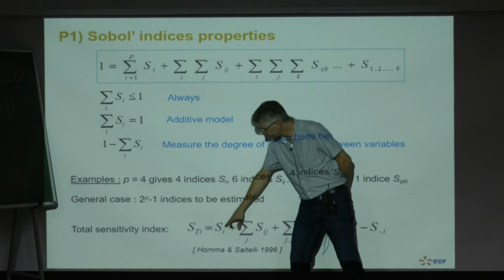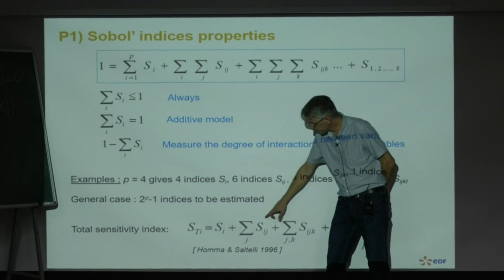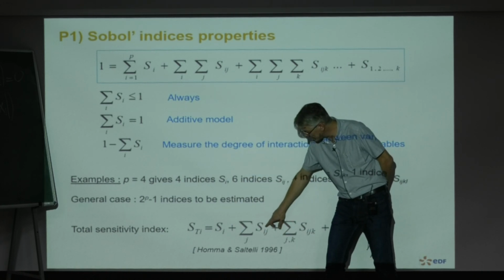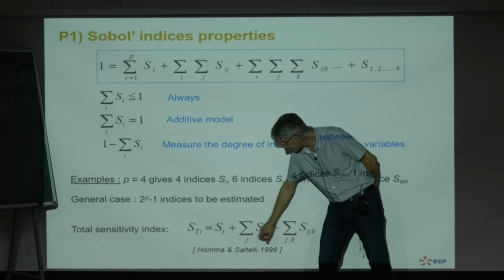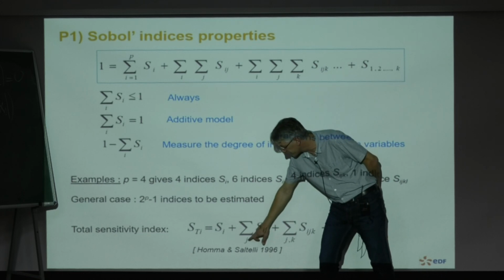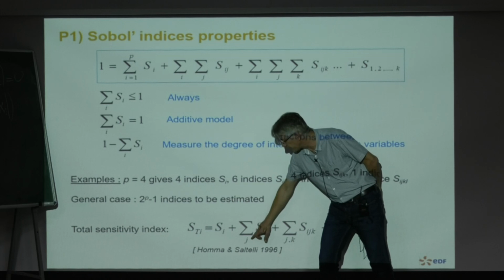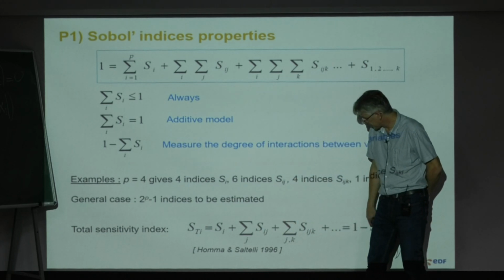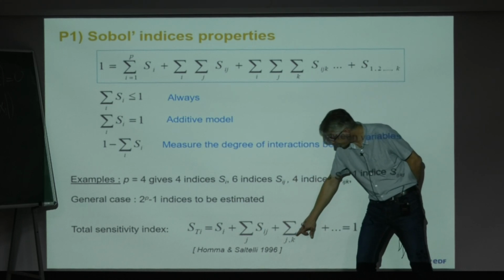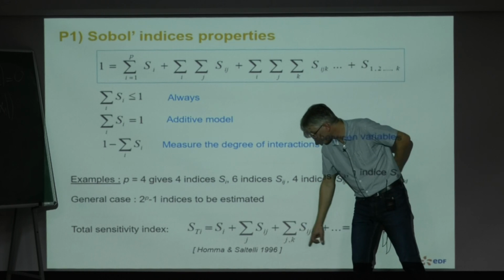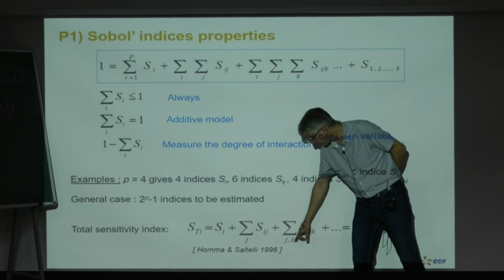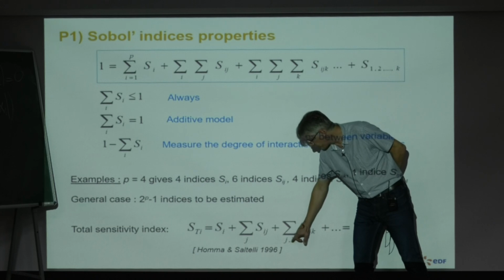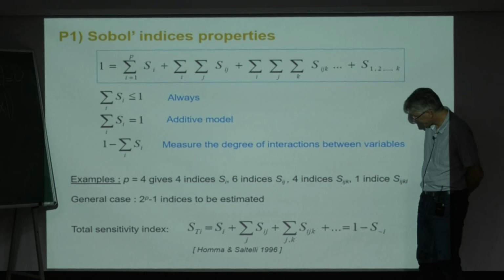So the first order, plus the sum of all its second order indices with the other inputs, where I have to put j different from i. The sum of all the third order, where I have to put i different from j smaller than k.